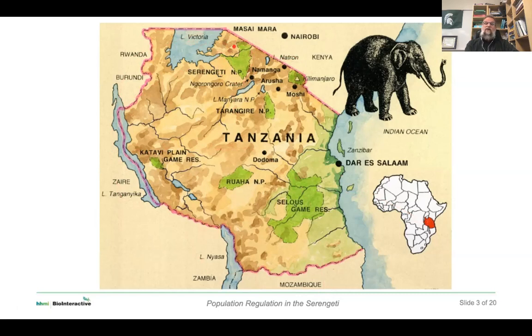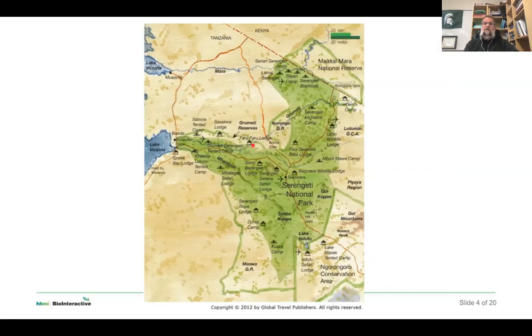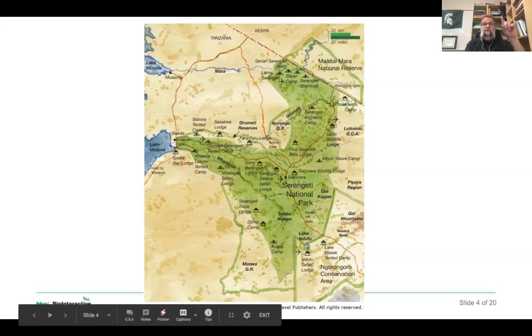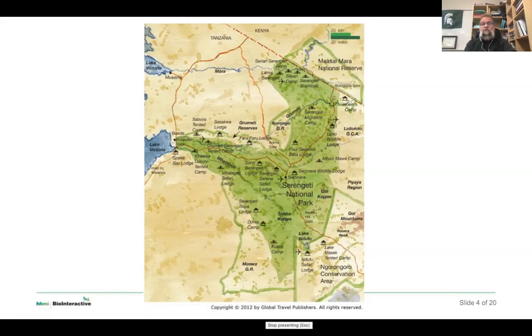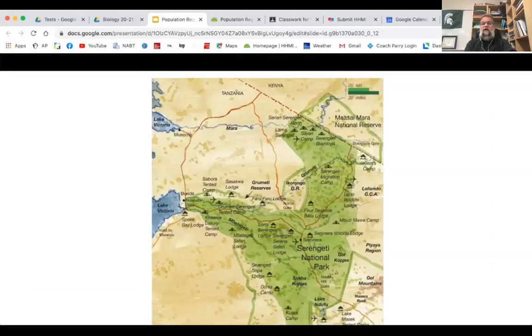It's a very sizable park, 15,000 square miles. This is a blow up of the area, which covers quite a bit of space. It shares a border with Kenya and goes down along Lake Victoria. So, let me come back out of that.